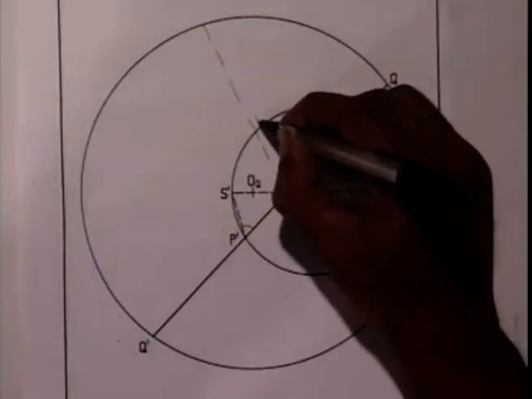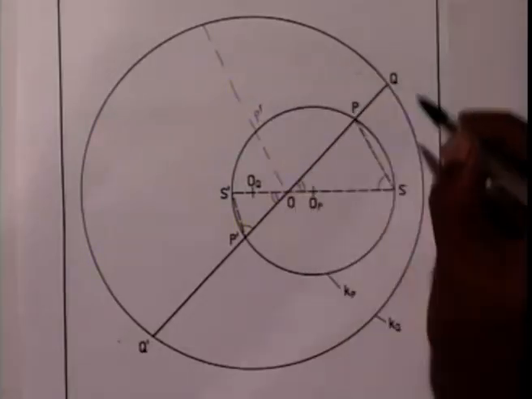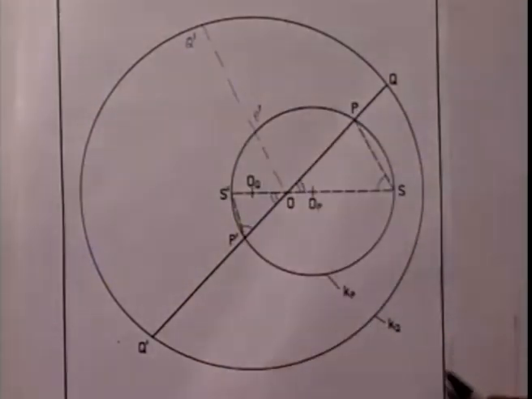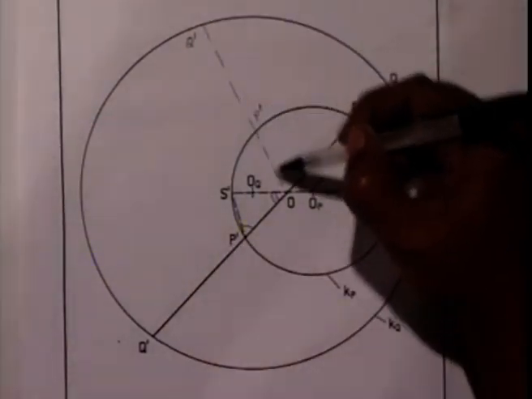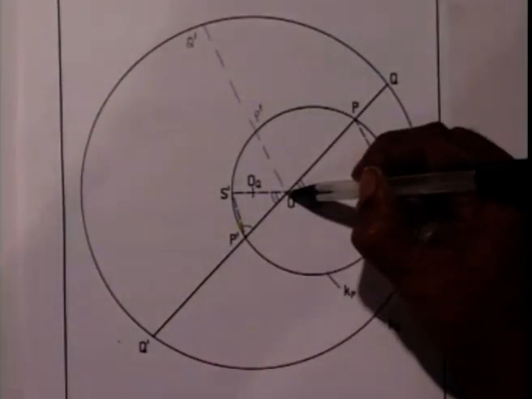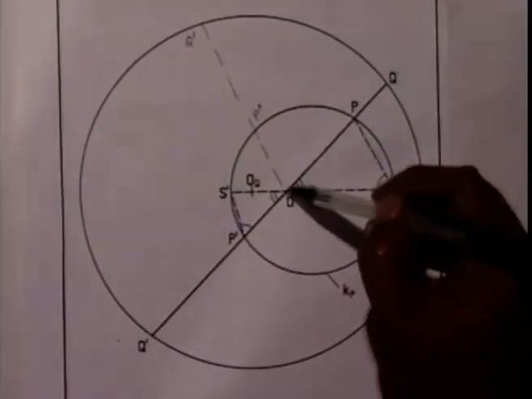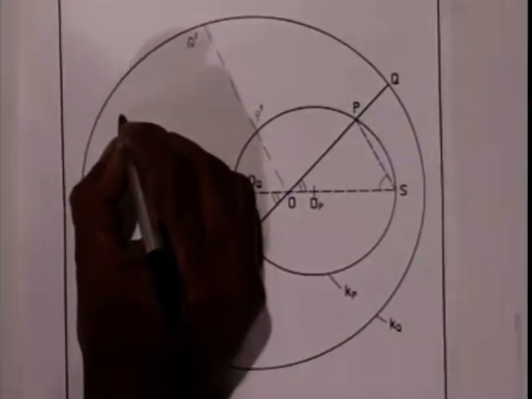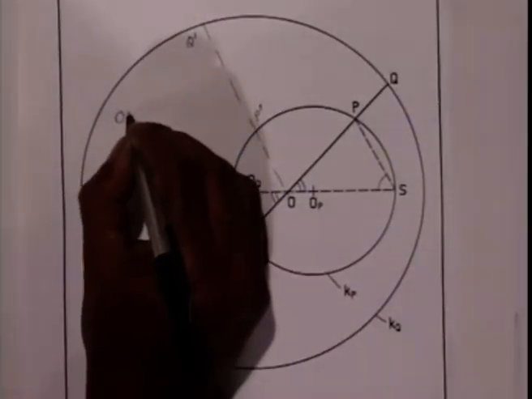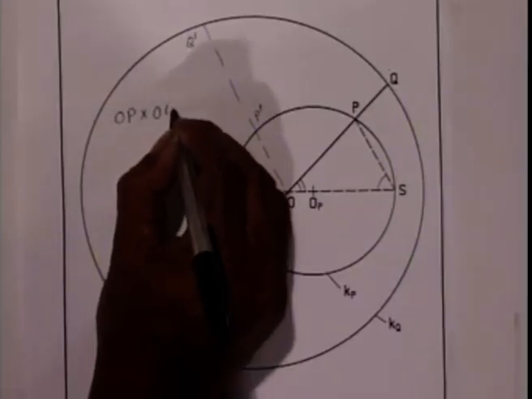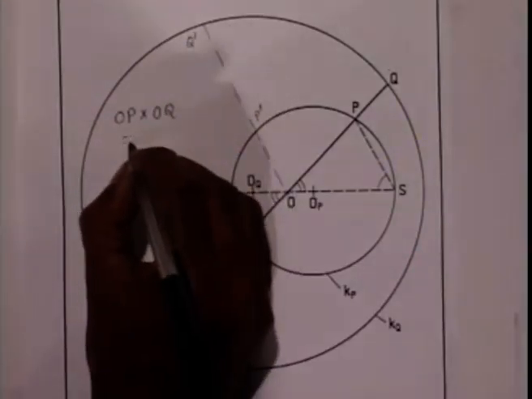when P comes to say P prime, Q will go to Q prime, such that P prime Q prime again is a straight line passing through O. Not only that, as OP has reduced, OQ has increased, such that the product OP into OQ remains a constant.